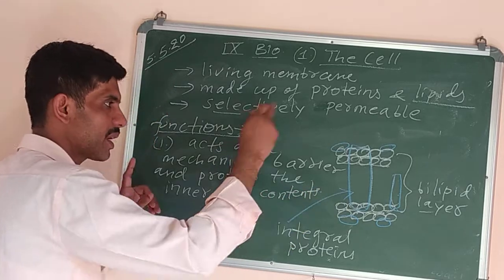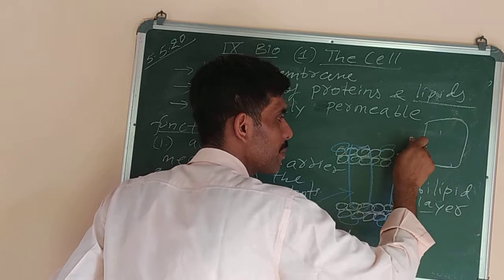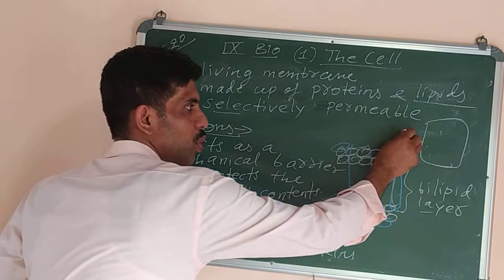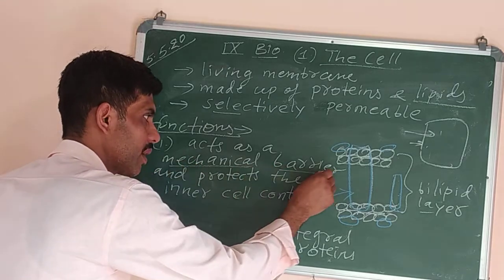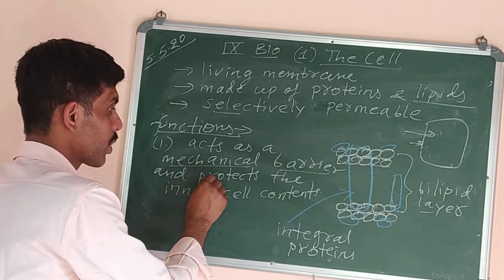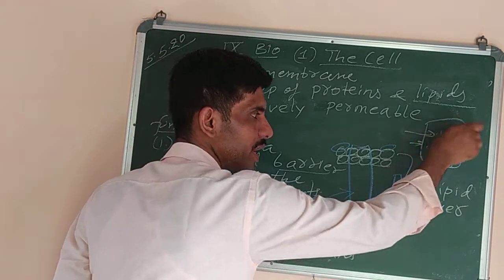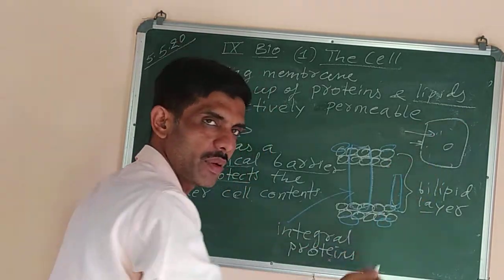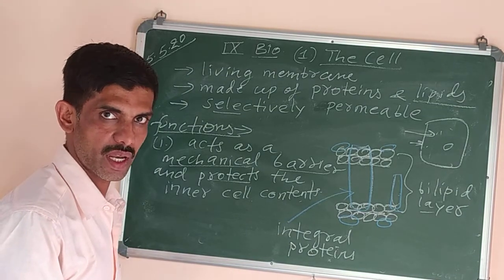Because it is present outside, like in plant cell, this is outside, so it is acting like a barrier. It will not allow any substance to go inside the cell. So it acts as a mechanical barrier, a preventive measure, and protects the inner cell content, that is the cytoplasm and nucleus. They will be protected due to the presence of this boundary wall, which is present in plant cells as well as animal cells.